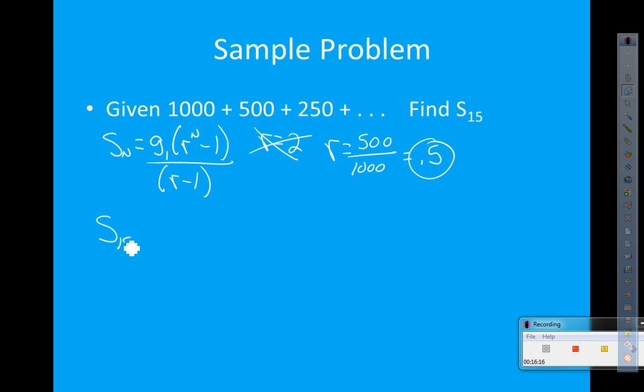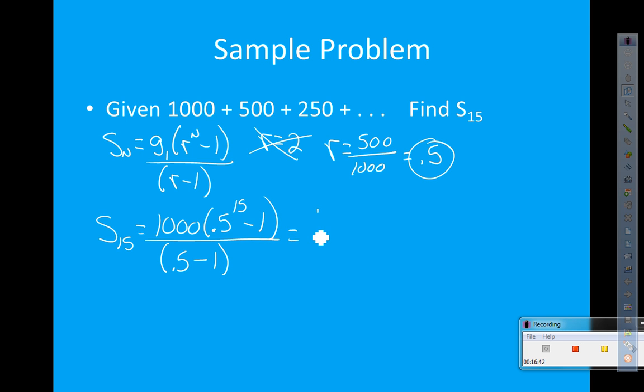The sum of these 15 numbers is going to be g sub 1, which is 1,000, my r value, which happens to be 0.5, to the 15th power, minus 1, close your parenthesis, over parenthesis 0.5 minus 1. Once again, I won't do this again.